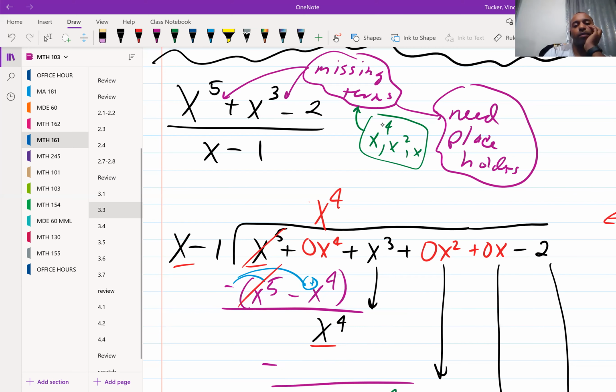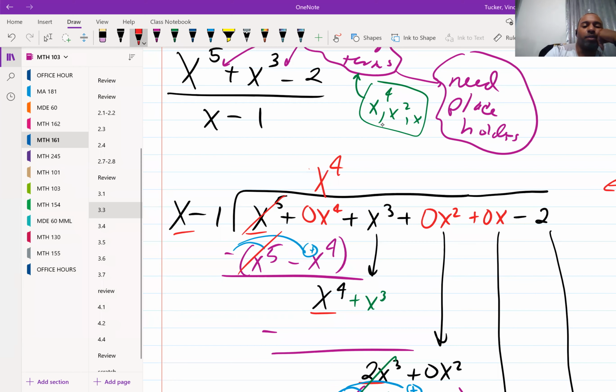And that will leave you x to the fourth. Bring down x squared, x cubed. So bring down x cubed.